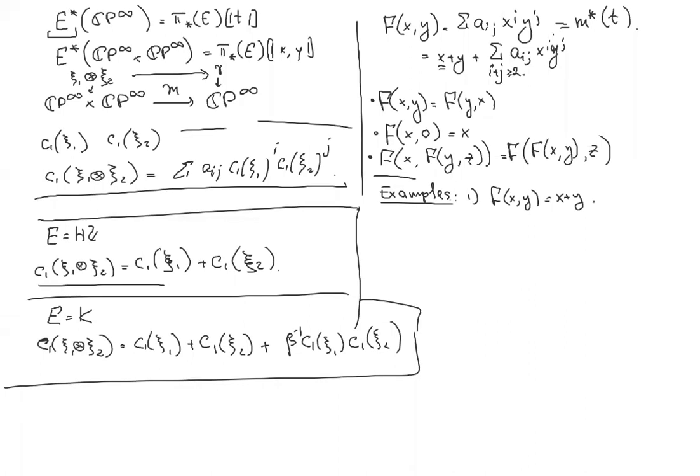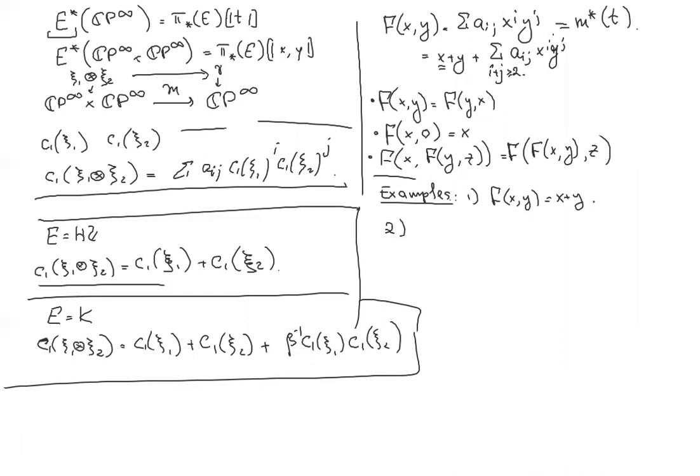All the things here are clear. The associative law just means that if you put y plus z instead of y, you obtain x plus y plus z, and this is obviously the same as putting x plus y instead of x.